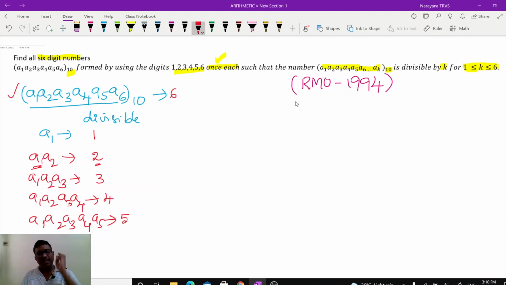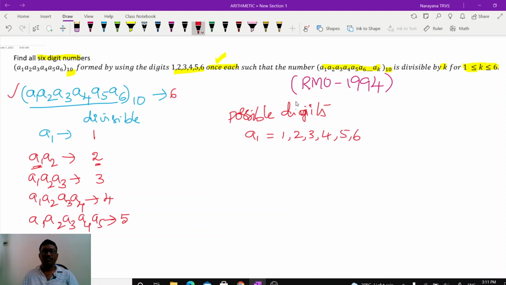Now if A1 is divisible by 1, what are the possible digits in place of A1? A1 may be 1 or 2 or 3, 4 or 5 or 6.